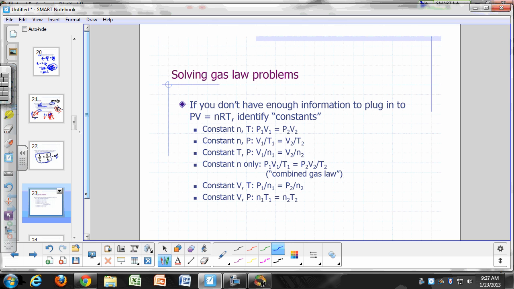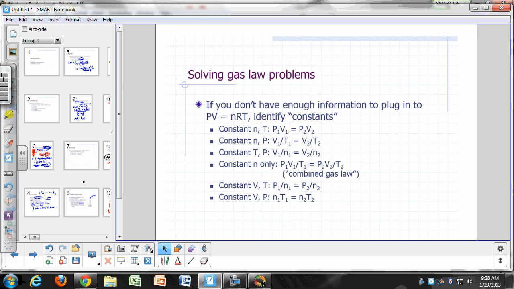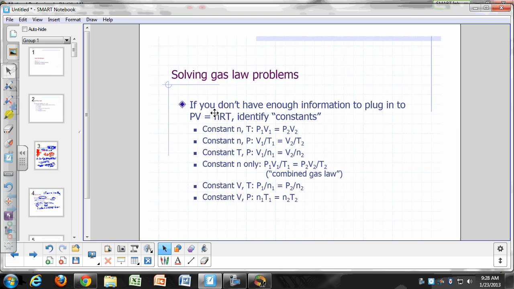So, solving gas law problems. What I've illustrated in the questions I've shown you earlier is that you may not always have enough information to plug into PV equals nRT when dealing with gas law problems.